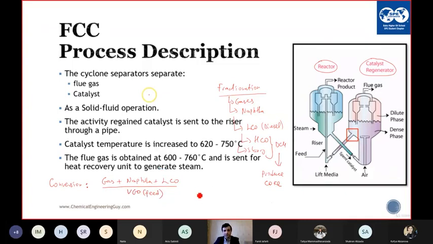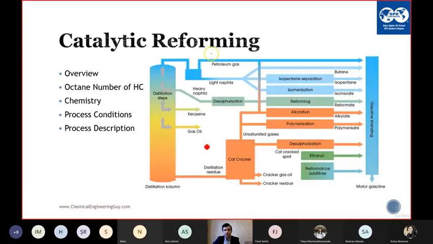So we can say that HCO and slurry are unconverted products. You might expect a conversion of around 0.87.